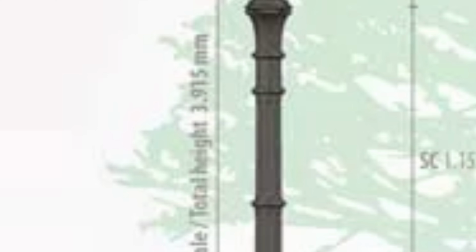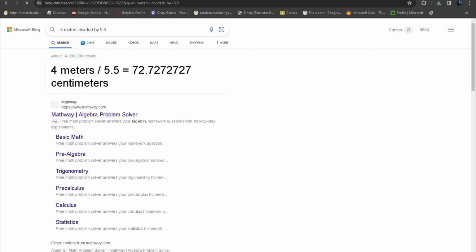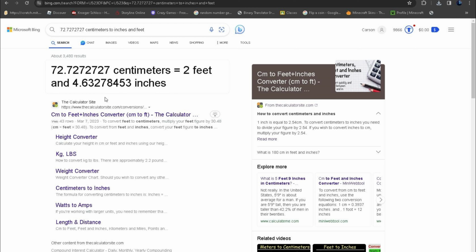If you zoom in really closely on this picture, it says that it's 3.915 meters, which we'll just round to 4 meters. And as you can see here, 4 meters divided by 5.5 equals 72.72 centimeters. Now, we have to convert 72.72 centimeters into feet and inches, which is 2 feet and 4.63 inches.